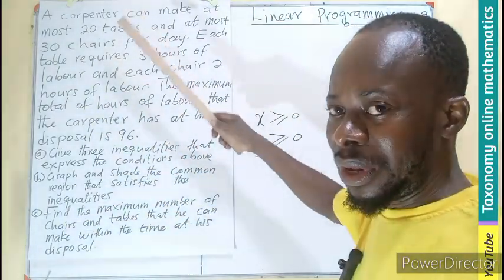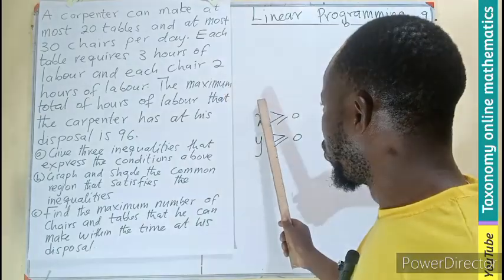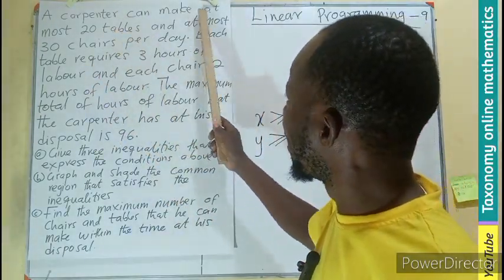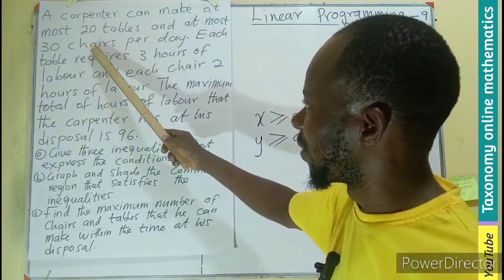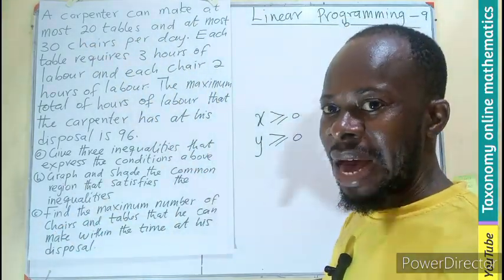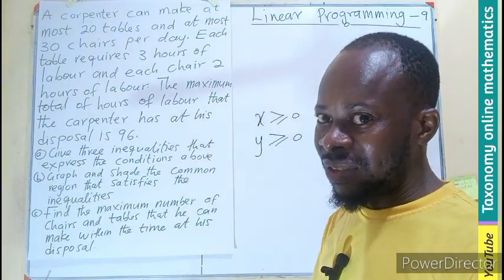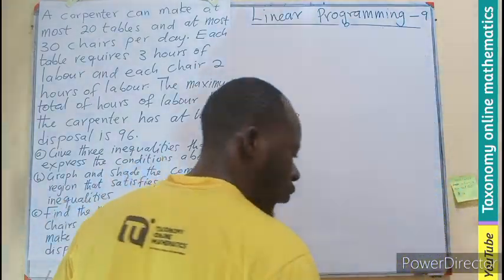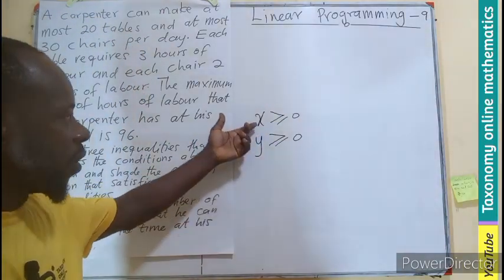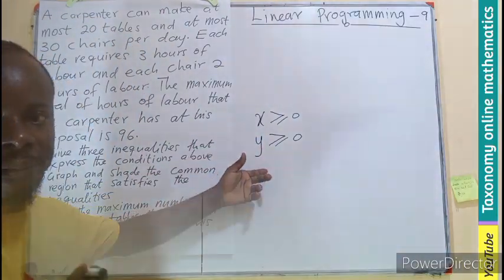So you can see table is similar, so we are going to use one variable to represent that. Then we can also see that it's making chairs. So chairs also become another quantity. So here we are just going to represent them by X and Y.